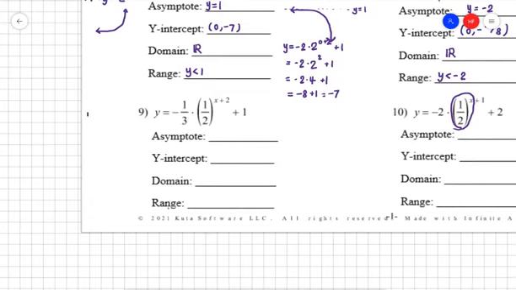Number 9. Parent function, whatever is being raised, so 1/2 to the x. 1/2 is a fraction, so we have decay. But our function is reflected because of this negative here. So our function will look like that. And it has +1, so the asymptote is not at 0, it's at 1.